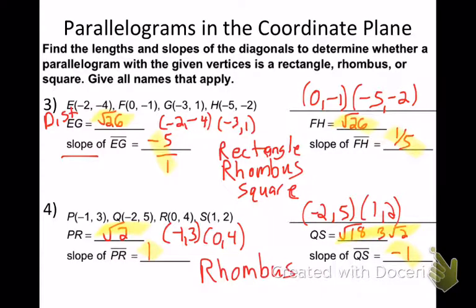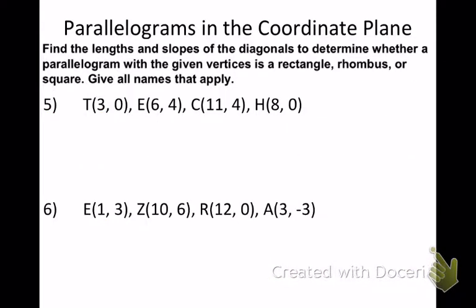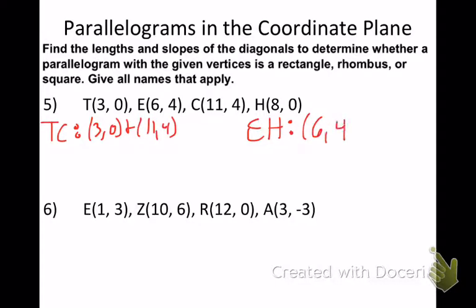All right? Take a couple seconds, try these two on your own. Same idea. You want to do the diagonals. So I would want to do TC, and I would want to do EH. So TC is the coordinate 3, 0 and 11, 4. And then EH is the coordinate 6, 4 and 8, 0.